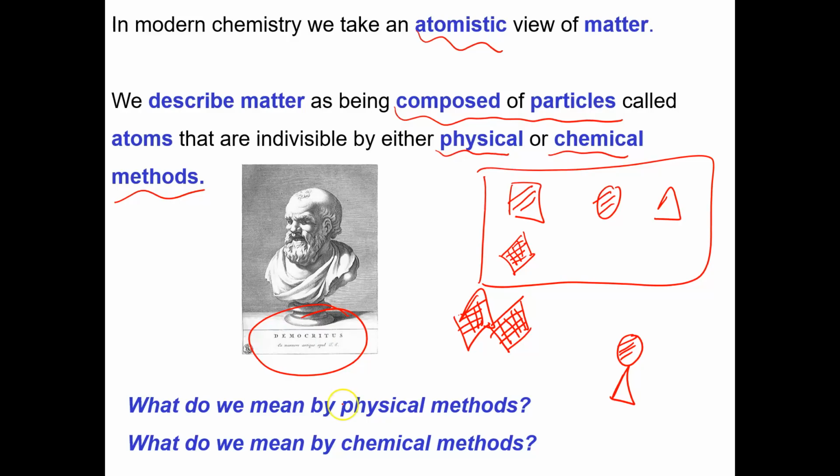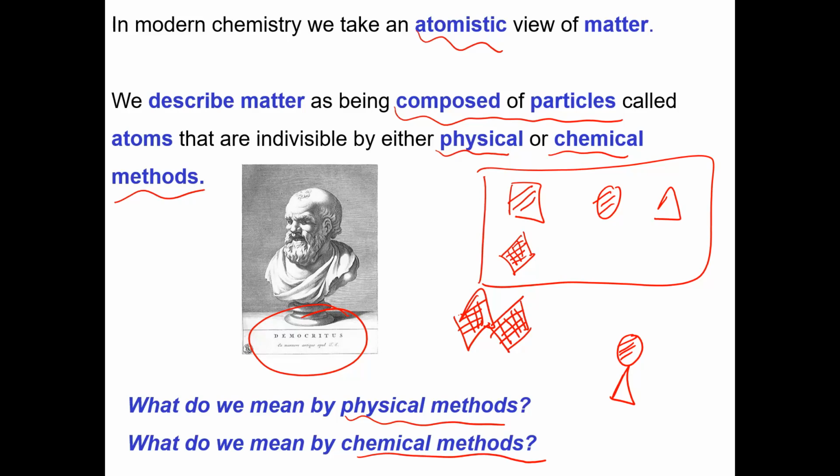So we probably need to define what we mean by physical methods and chemical methods. Physical methods of division are methods of division that don't involve breaking connections between atoms. So when I slice a piece of cheese off, I'm not breaking connections between atoms.